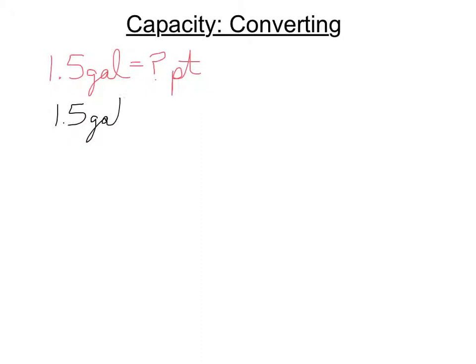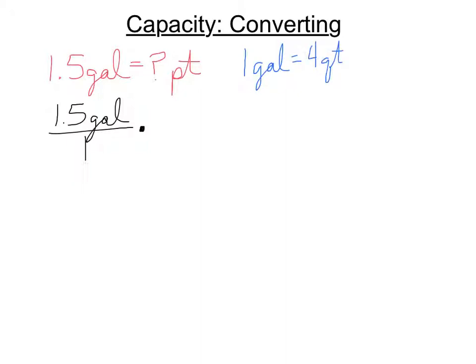Now the gallons are going to tag along, so it really ends up being 1.5 gallons over 1. And then we're going to multiply by a unit multiplier. So here we need to remember what we know about gallons. Well, we learned that 1 gallon equals 4 quarts.